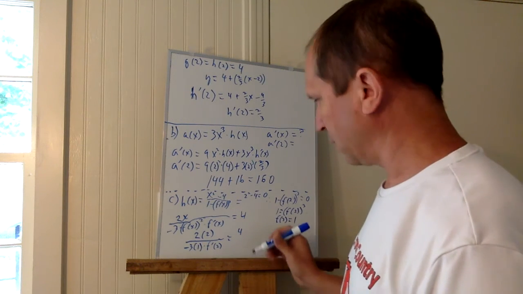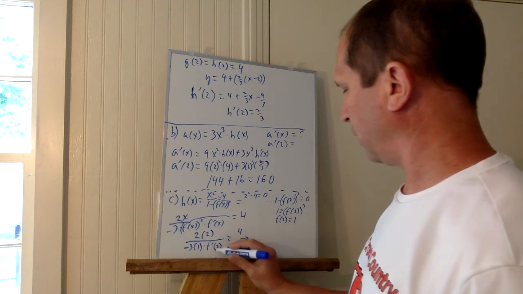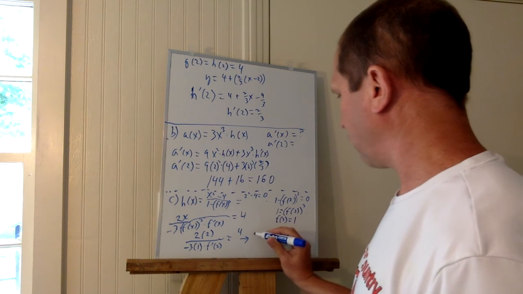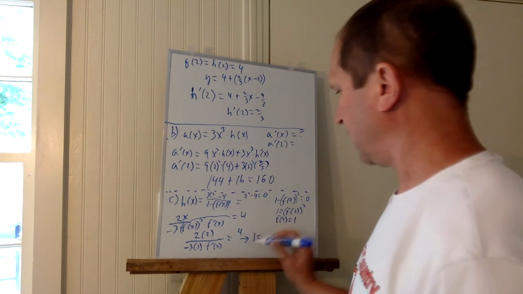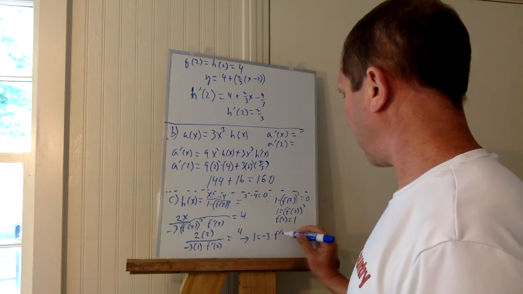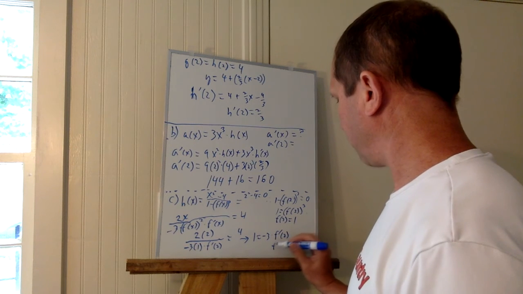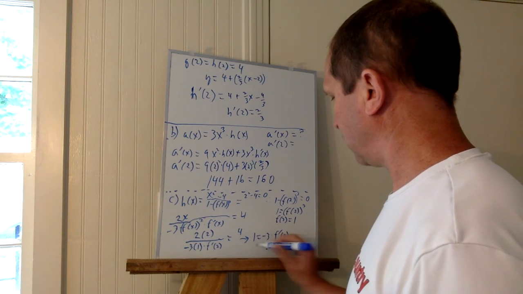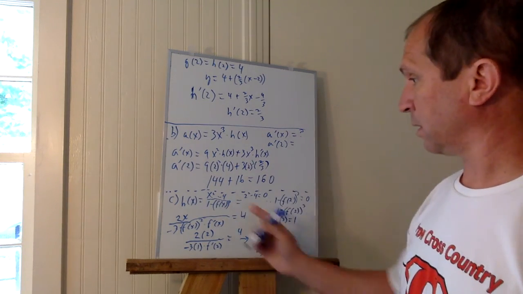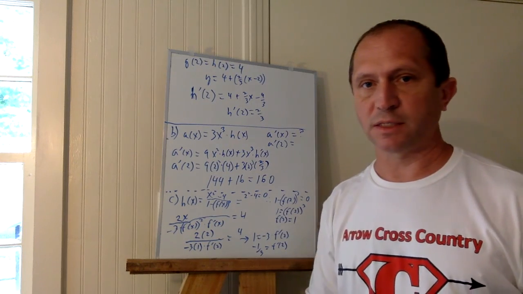From here, we can cross multiply. We'll bring the 4 here, so we get 4 over 4, which is 1, is equal to negative 3 times f prime of 2. So f prime of 2 is going to equal negative 1/3. So that's the first 3 parts of this problem. I'll do the 4th part of this problem in a separate video.